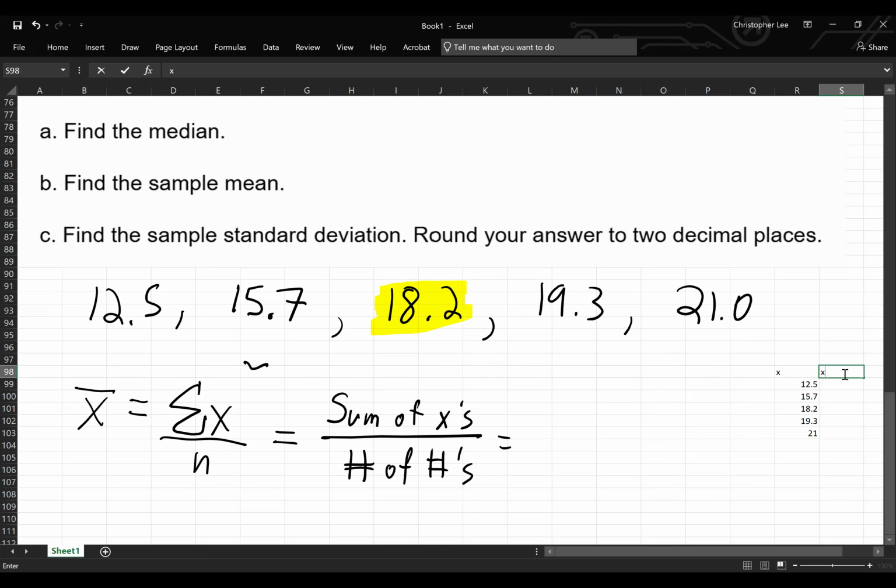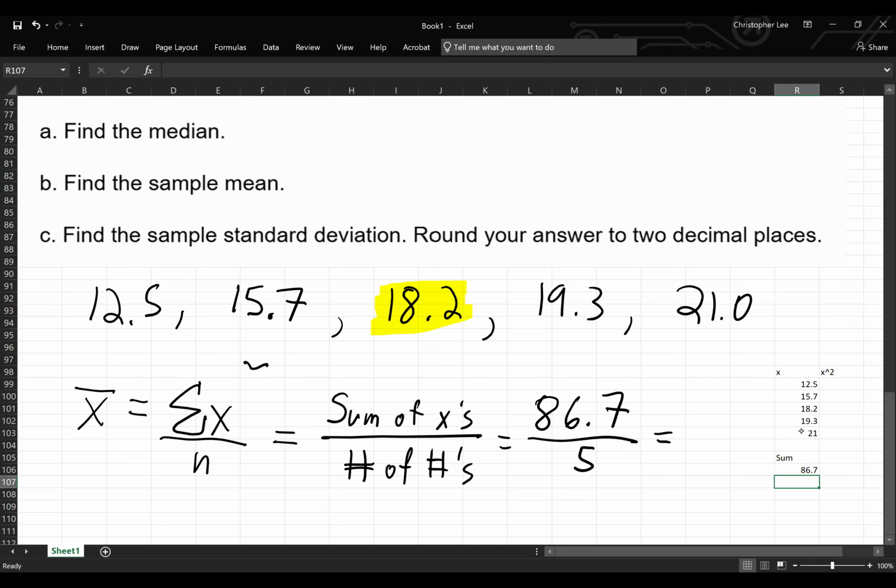I'm gonna do it now. I'm just being lazy because I know y'all know how to add. How many numbers are there? 5. Good. So what's the answer?